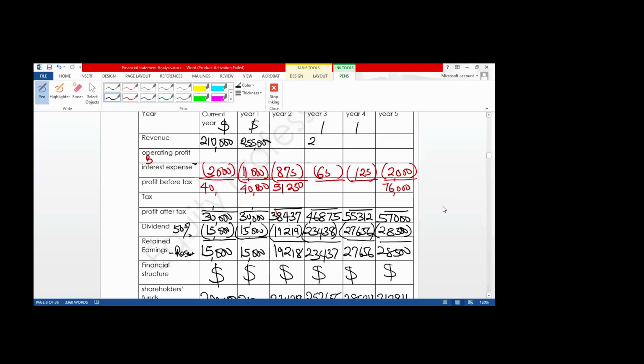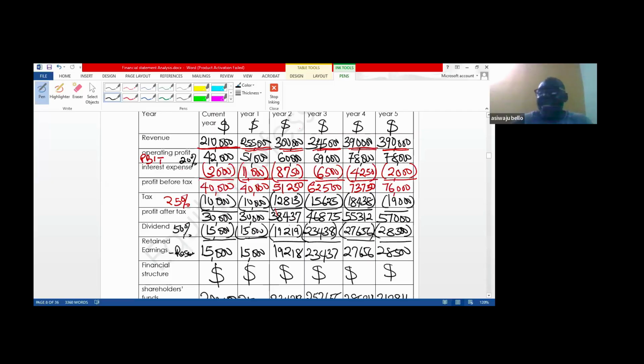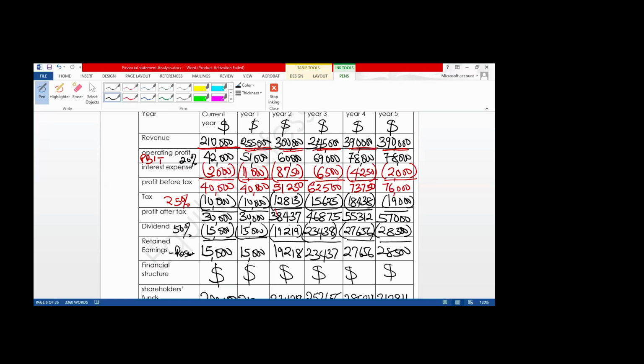Now look at this. Okay. 50% dividends. Must you pay dividends? Is dividend payment compulsory? We have treated dividend theory. Is it mandatory for company to pay dividends? No, sir. Not mandatory, sir.